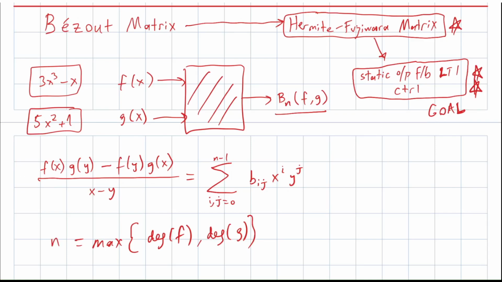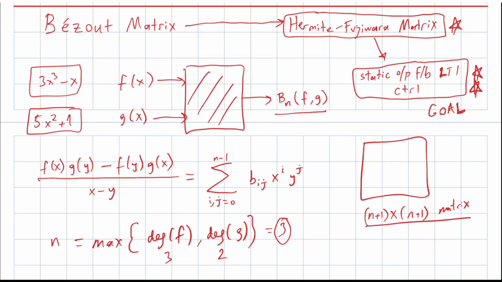So what is the degree of f, which is 3, and what's the degree of g polynomial? 2. The maximum is 3, and since we have 3, we will have an n plus 1 by n plus 1 matrix.